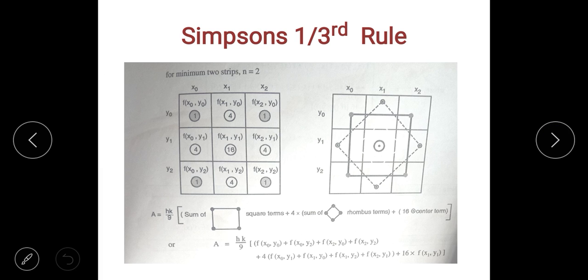Now that formula can be converted into tabular form, that is x0, x1, x2, y0, y1, y2. We can complete this table, and from it we can simplify the formula hk by 9 plus the remaining terms. But we are not using this formula because it is very complicated. So we are preparing the same table, and after preparing it we use some different techniques to find the area under this curve.